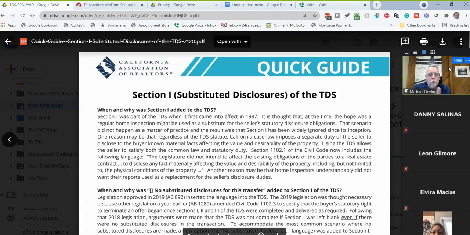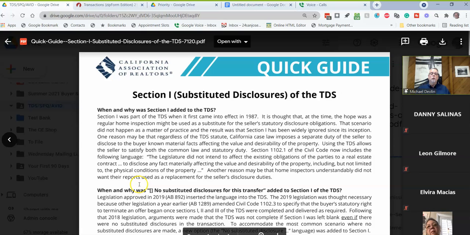Now, what you're going to find if you read this is that when they originally wrote the transfer disclosure law, they being the politicians that passed the law and the people that designed the original law, they had in their mind that maybe at some point in time there would be a substitute for the seller filling out the form, and that a certain type of inspection or something like that. Now, what's happened is none of that's ever come to pass, right? None of that has ever come to pass.